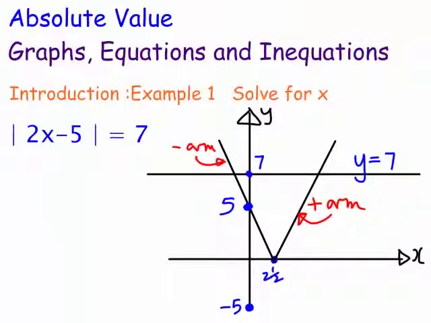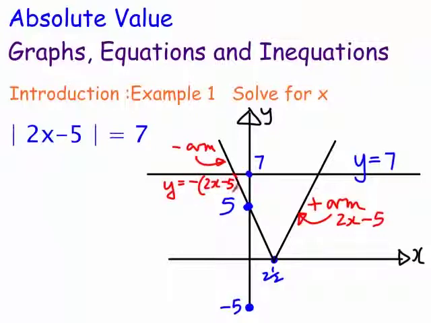Now, the positive and negative arm can be written as, the positive arm is just 2x minus 5. That would be y equals 2x minus 5, the bit of that graph going up that way. Now, if I reflect it, the negative arm would have an equation, y is equal to the negative of 2x minus 5.